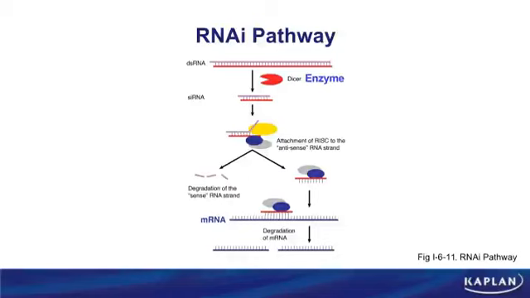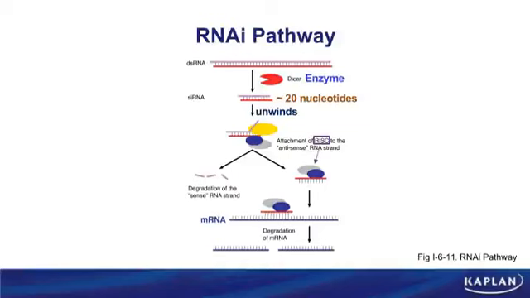These siRNAs are very small, about 20 nucleotides in length. They'll start to unwind in the presence of a protein complex called RISC. So the RISC complex of proteins will now unwind the siRNAs, generating two strands.